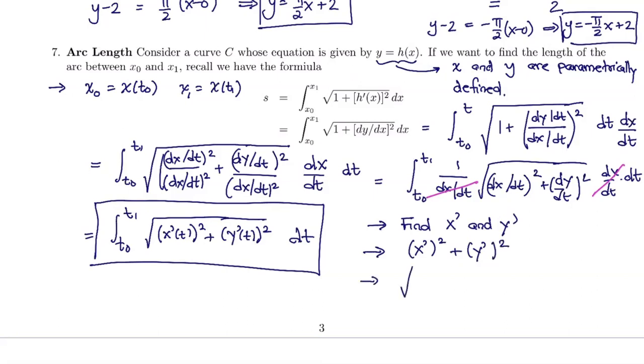Then you're going to have to find some clever way of taking the square root. You are going to find that the hardest part about this is doing the square root because of the amount of algebra and manipulation to the expression that you are going to require. Let's take a look at an example to see how this is going to play out.